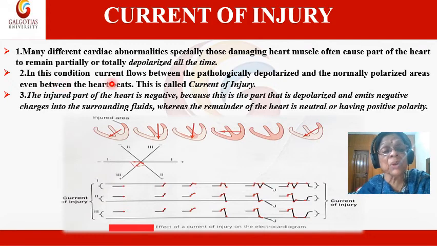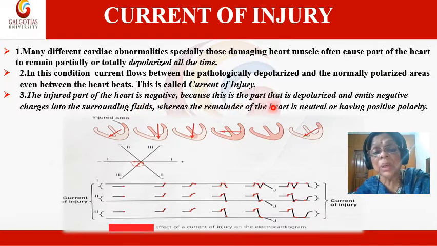So in this condition, current flows between the pathologically depolarized area, which is actually negatively charged, and the normally polarized area, even between the heartbeats. This is called current of injury. The injured part of the heart is negative because this is the part that is depolarized and emits negative charges into the surrounding fluids, whereas the remainder of the heart is neutral or has positive polarity.